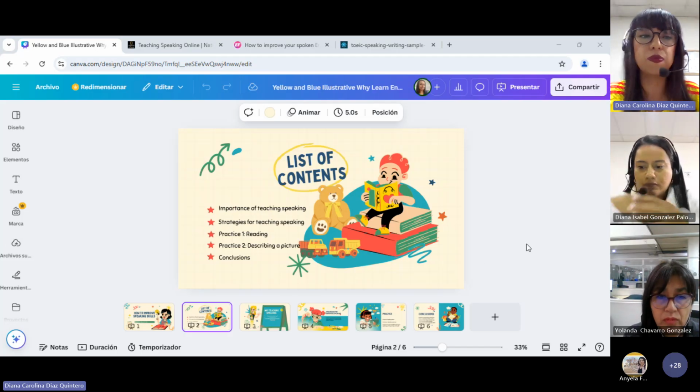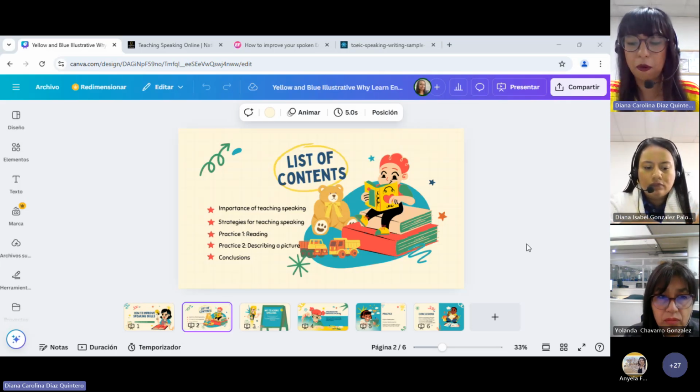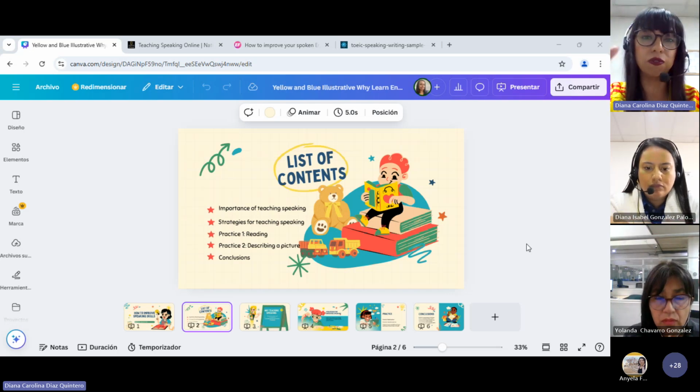Okay. Another reason that you can share with us about why it's important to work with speaking skills or to teach speaking. When we work on speaking skills, we reflect and integrate all the contents. For example, in the case of describing a daily routine, we involve grammar, vocabulary, what else?